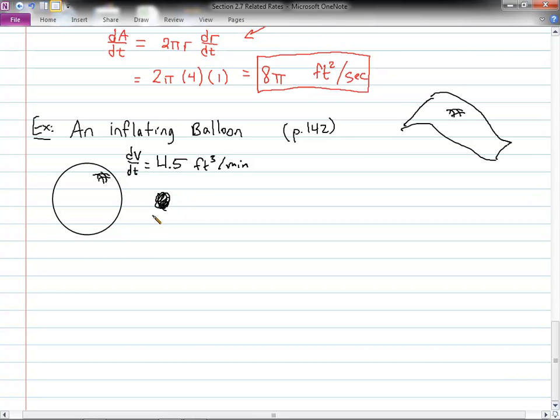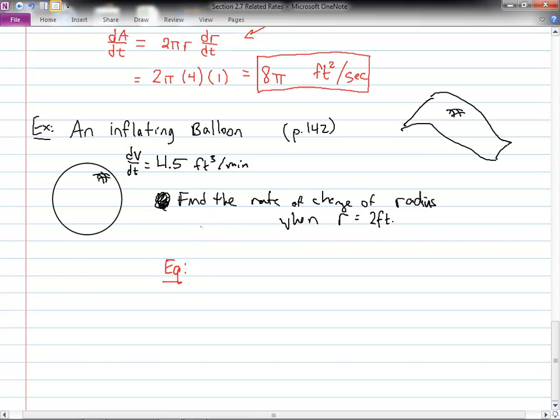We want to find the rate of change of the radius when the radius is 2 feet. So first of all, what's the equation that relates the variables in this problem?